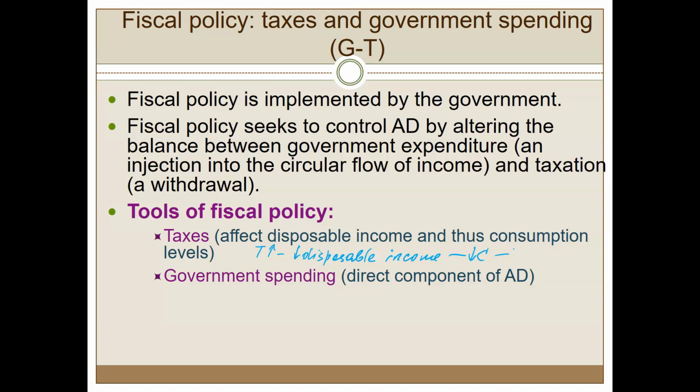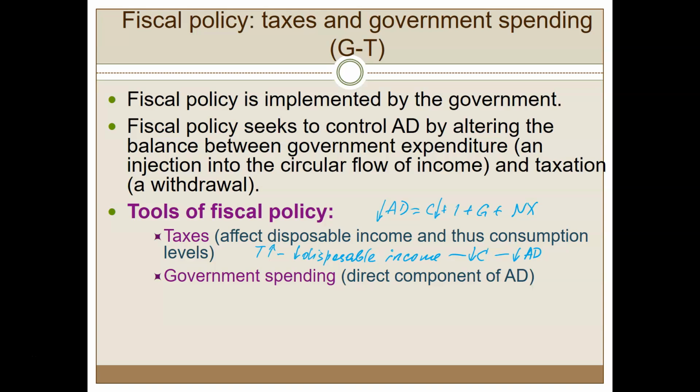Since consumption is one of the components of aggregate demand, recall our famous formula, consumption drops, and as a result, aggregate demand will drop as well. It will shift aggregate demand closer to the origin. This is how exactly taxes will affect aggregate demand. Increase in taxes represents a contractionary policy, and the other way around. If taxes go down, this will increase disposable income, increase consumption, and stimulate aggregate demand.